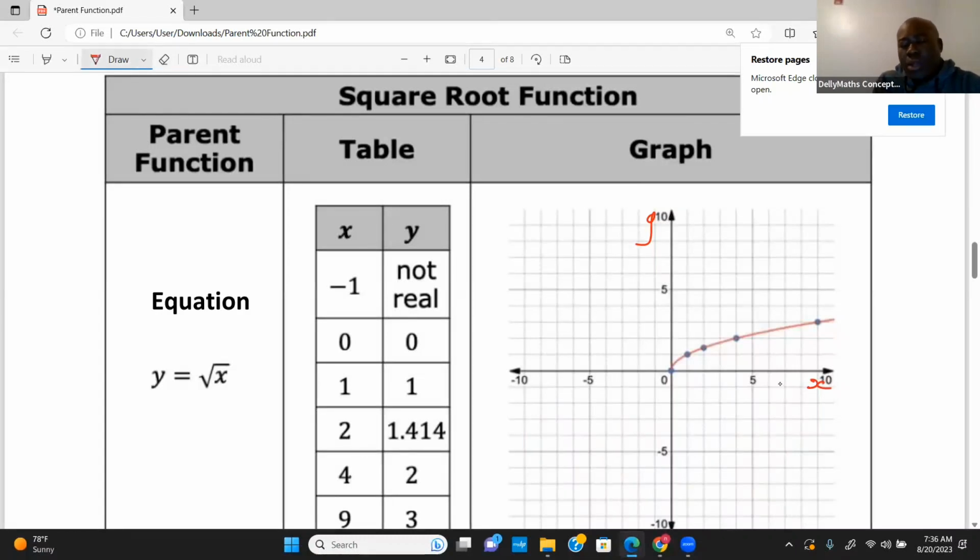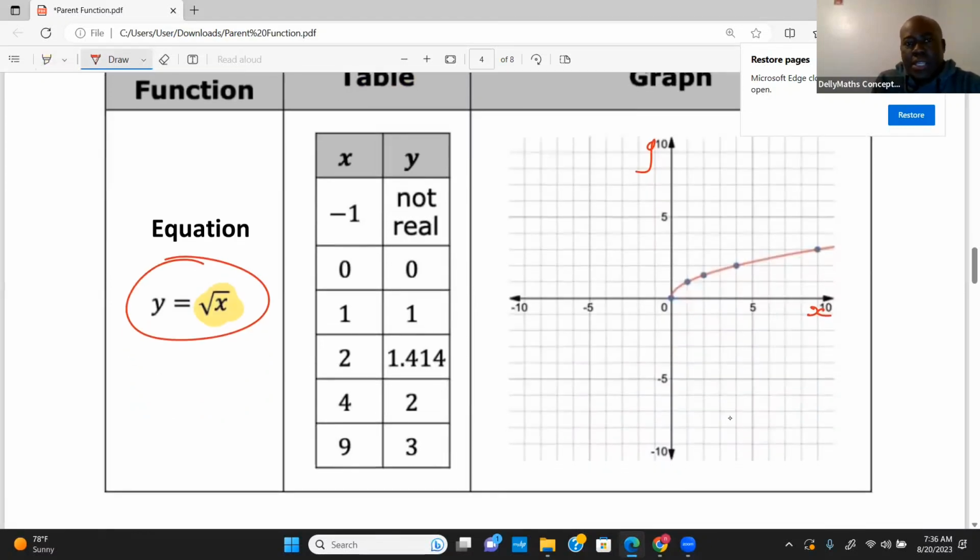Let us take a quick look at what the equation is. The equation says y is equal to the square root of x, because it is a square root function. Now, because of that, let's take a look at the table. So what we have for the table here is, if we take the square root of negative 1, in Algebra 1, we're going to say that this is not real, right?